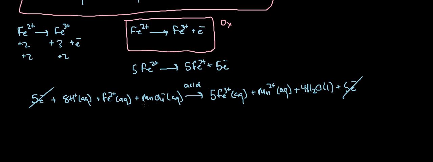So my final equation is 8H plus, Fe2 plus, MnO4 minus.